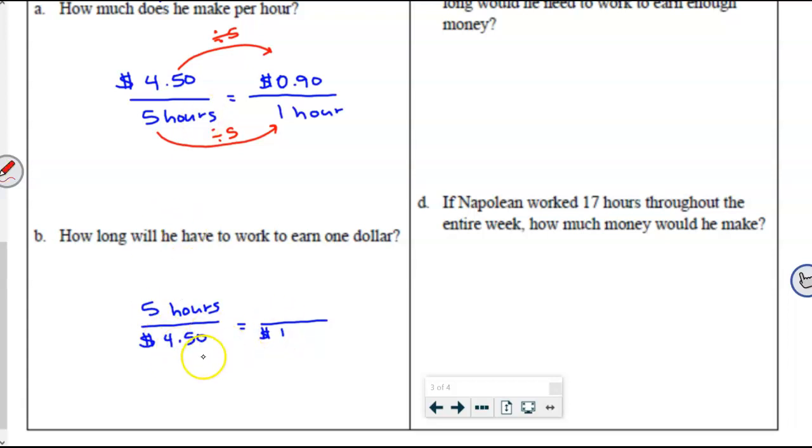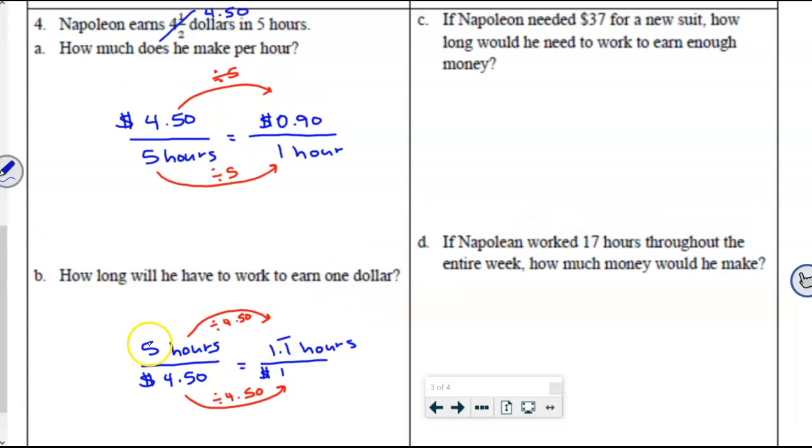And this time that 4.50 is changing to a 1. I can change that 4.50 into a 1 by dividing by 4.5, and do the same thing to the top part of that ratio. So I have 5 divided by 4.5, and that is a repeating decimal. He would have to work 1.11, or 1.1 overbar hours to make $1.